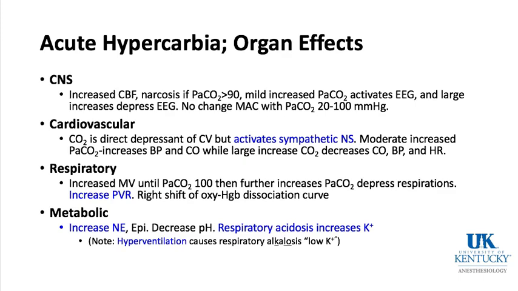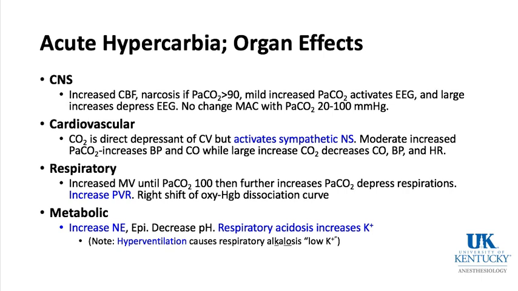The next key word is organ effects of hypercarbia. On the brain, blood flow goes up when CO2 is high. If you have really high CO2, it can act almost like a narcotic on the brain. No change in MAC with elevation in CO2 unless it's really, really high in general.